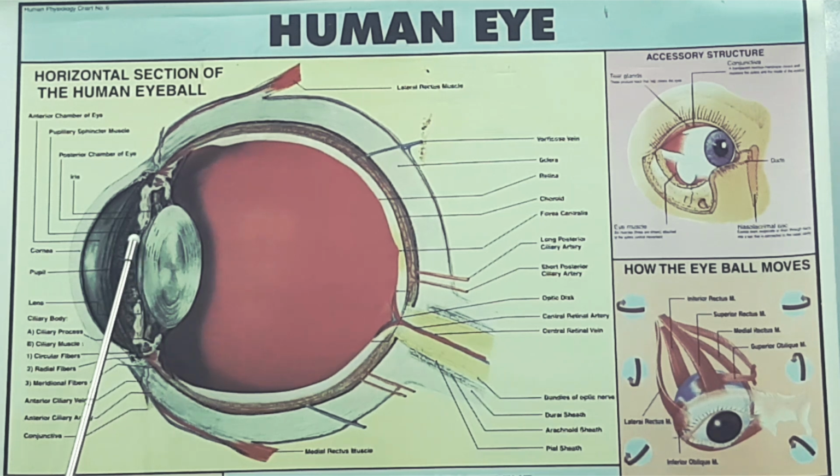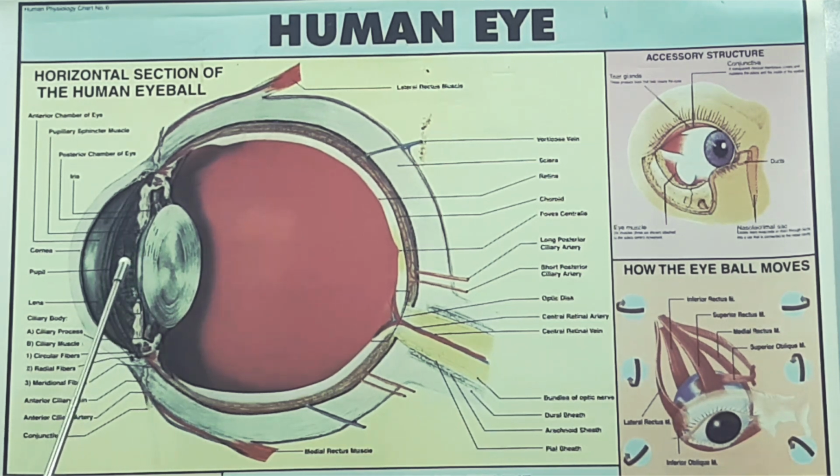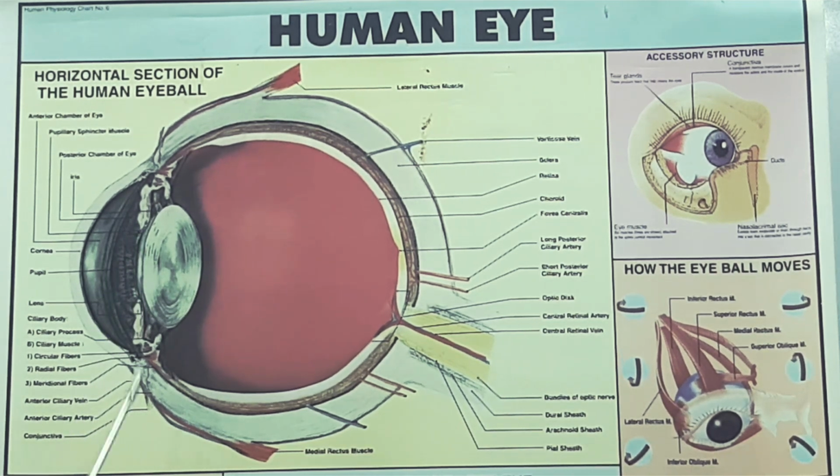Here is the pupil. The pupil is the circular structure at the center of the eye which appears black, but actually it is transparent, and the size of the pupil can be regulated by the iris. In dim light it becomes broad and in bright light the pupil becomes narrow.